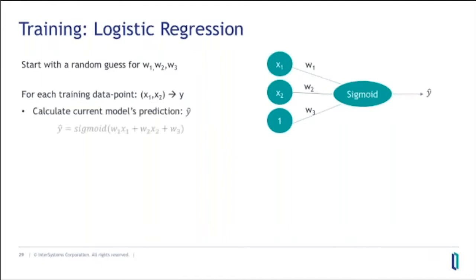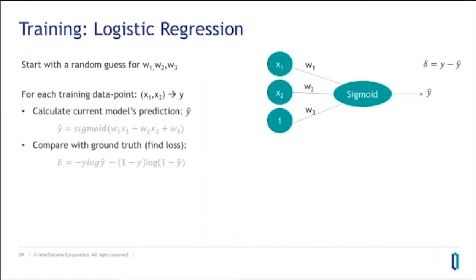We find the current prediction of this guess model, and we compare it with the ground truth that we know. For a given student, say we know that this student definitely got accepted, but the model is predicting a 0.1 likelihood of them being accepted. Clearly, there is an issue there. Alternatively, maybe the model is predicting that with probability 1 they're getting accepted. In that case, the model is doing well.